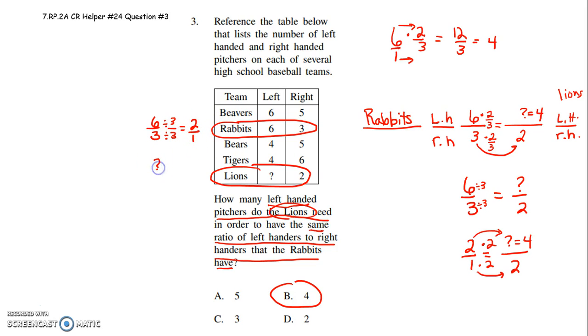So if something over 2 has to become 2 to 1, that's how I know, oh, I need a number that when I divide by 2, I come up with 2. 4 to 2 is the same as 2 to 1. 6 to 3 is the same as 2 to 1. Or you just have to recognize that when you set up your original ratio, 3 times 2/3, those 3's cancel out, get you back to 2, so that means you can multiply 6 by 2/3.